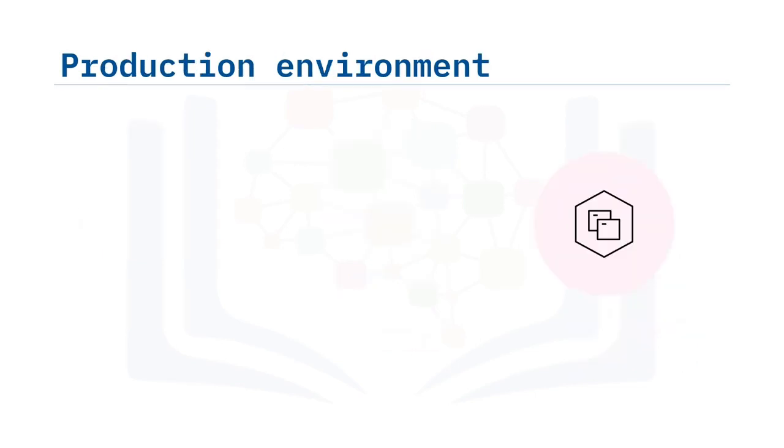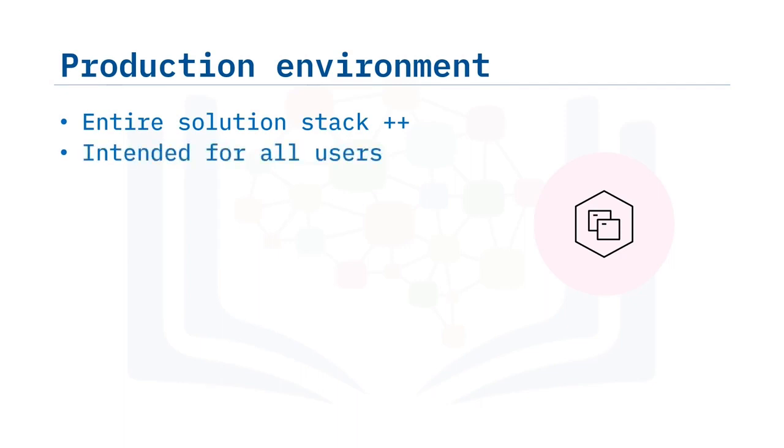The production environment, often just called production, includes the entire solution stack, consisting of both hardware and software on which the application runs as additional infrastructure components. The production environment is intended for all users.